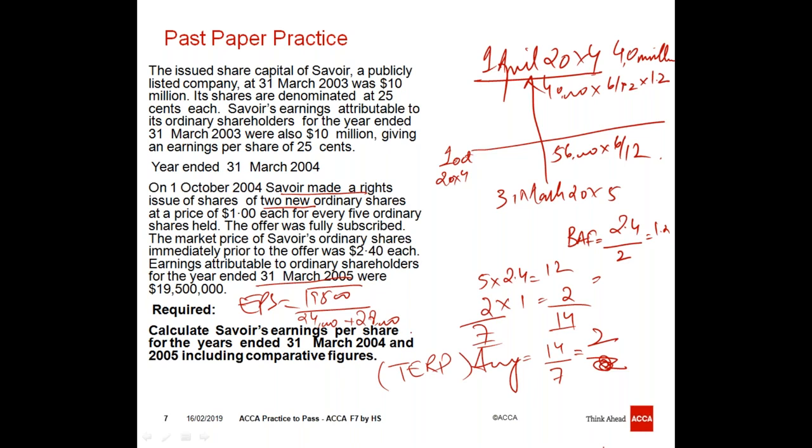So 19,500 divided by 52,000. So the EPS should be 37.5 cents.